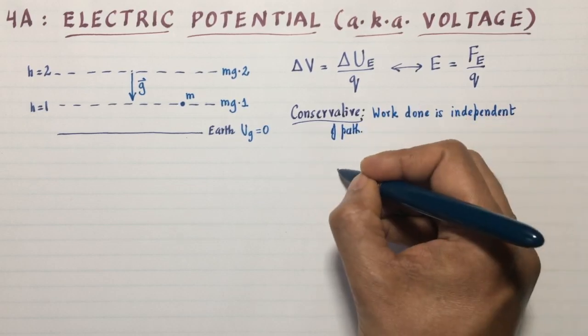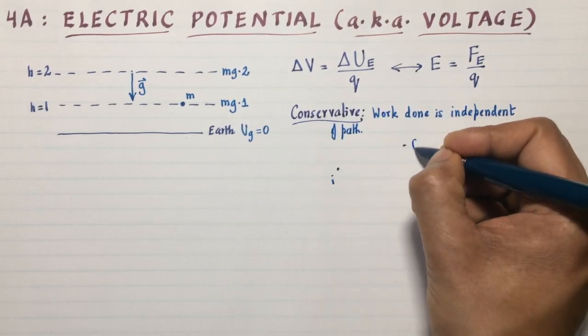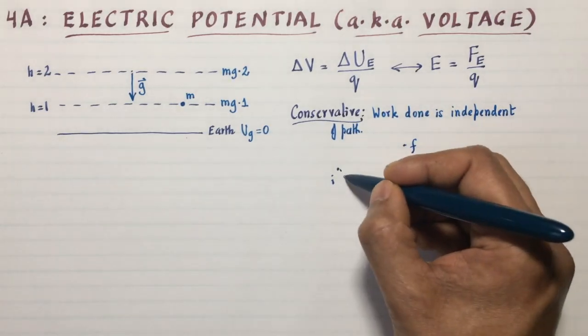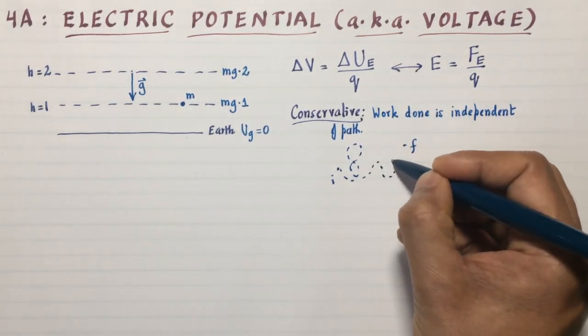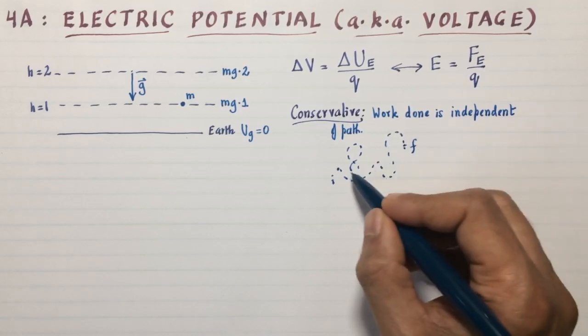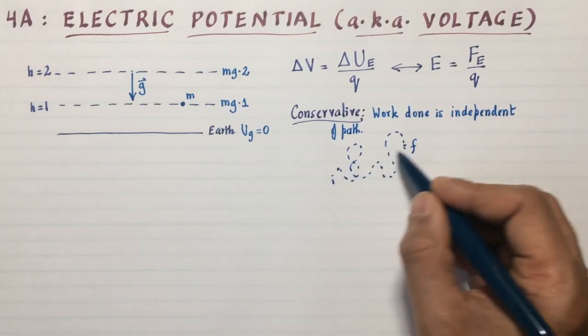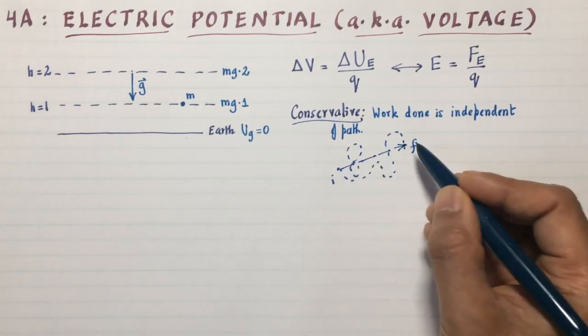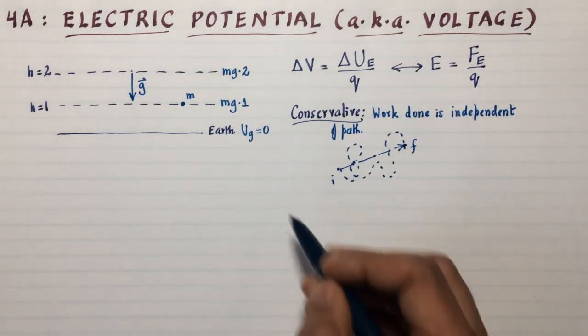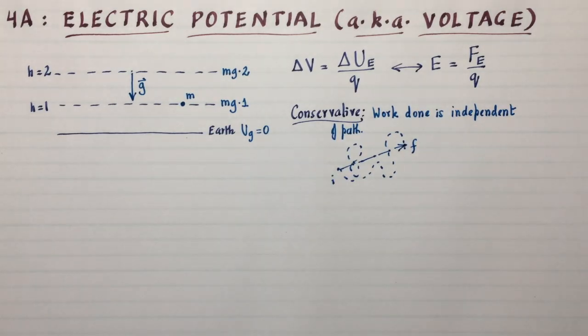So if you have a particle that goes from some initial point to the final point F, it really should not matter how you move that particle. You could go in a very complicated fashion, but the work done only depends on the displacement between the initial and the final point, and not on the complications of the path taken. That's the meaning of conservative force.